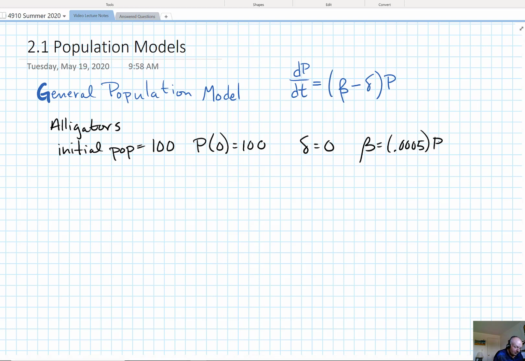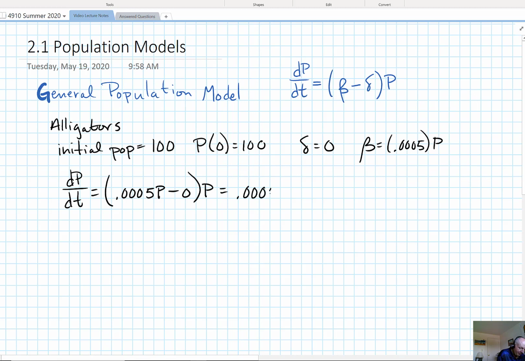If we know those things, then we know our model: it's the birth rate minus the death rate, times P, or simply 0.0005 P squared. And if we can solve that for P, then we have a model describing the population.